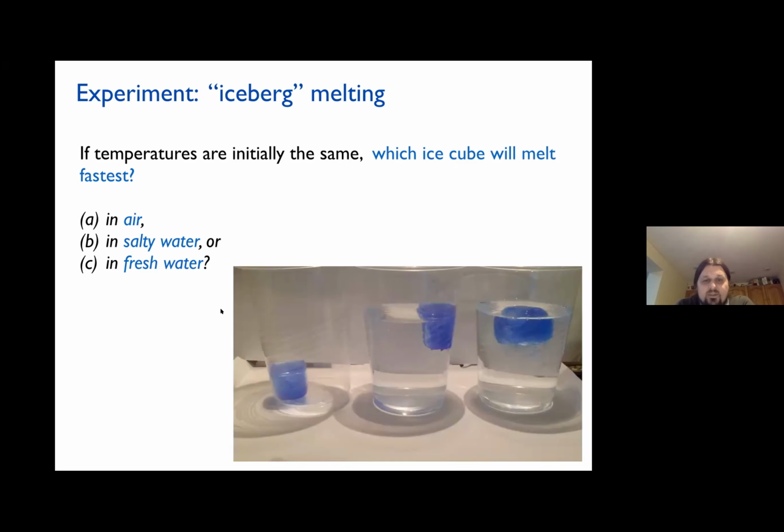We're going to put these ice cubes at the same time into either a cup containing air, simulating ice melting in air alone, a cup containing salty water in the middle, and one containing fresh water to the right. And these have all been left to equilibrate to room temperature before things start off.